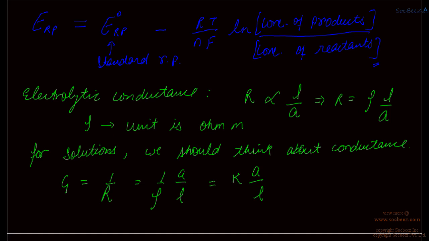Kappa is 1 upon rho, and the unit of conductivity is Siemens per meter, because the unit of resistivity is ohm meter, and per ohm is known as Siemens.